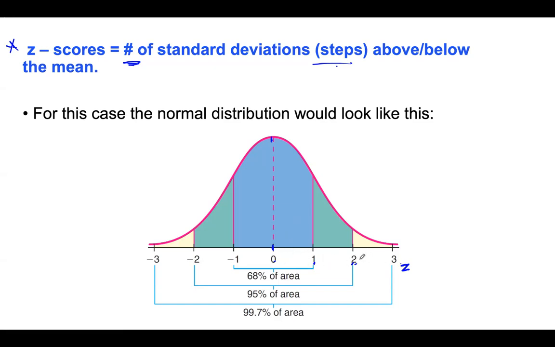So this is our plot of our z-scores. And again, it's kind of the same except for the x. Before we had the x-axis. Now we have the z-axis, essentially, and the rest of the information is the same.